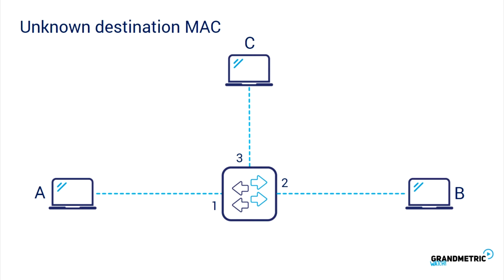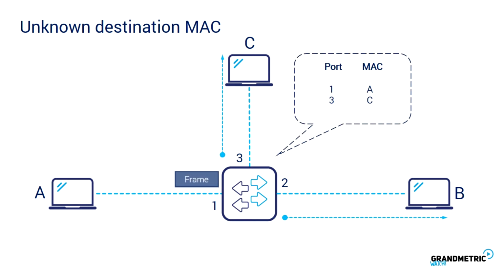And what about destination MACs that are not yet known to the switch? In our picture, device B is not known to the switch yet. If a frame directed to B's MAC arrives on an interface, the switch consults the table, and if it doesn't find the MAC, it multiplicates the frame, sending it out all ports except the one it was received on.